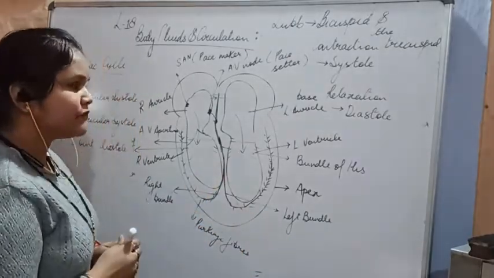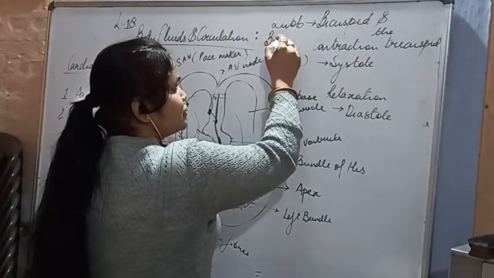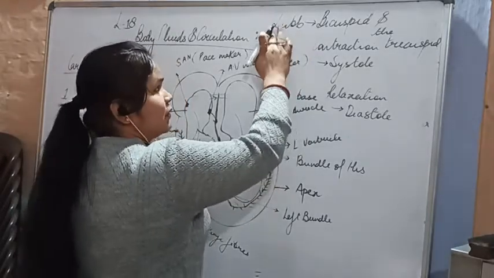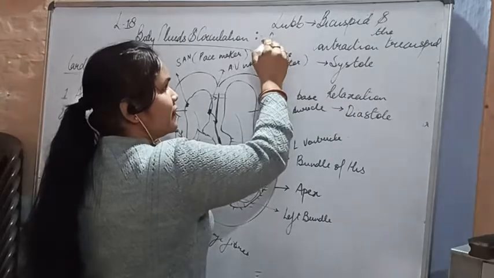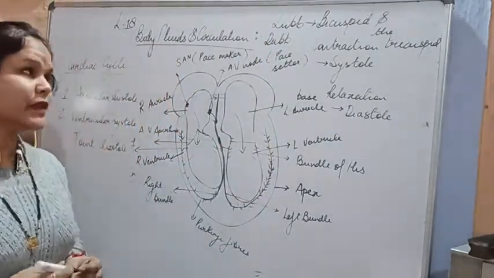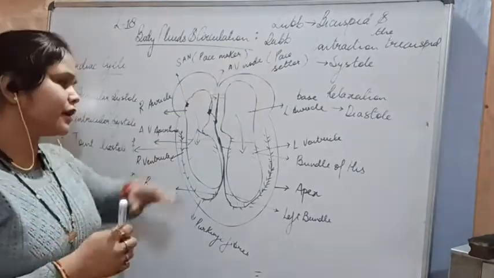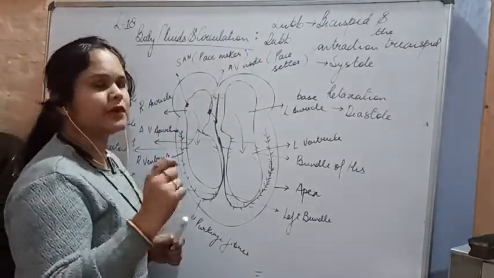At the finish of the ventricular systole, the second heart sound is produced, which is called the dub. How is the dub produced? The dub is produced due to the closure of the semilunar valves.